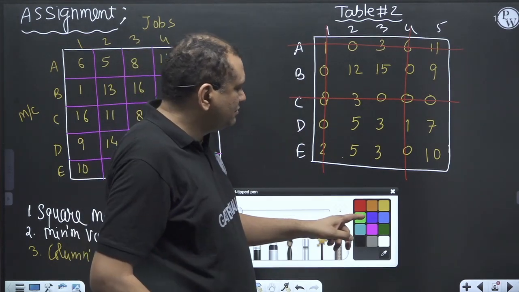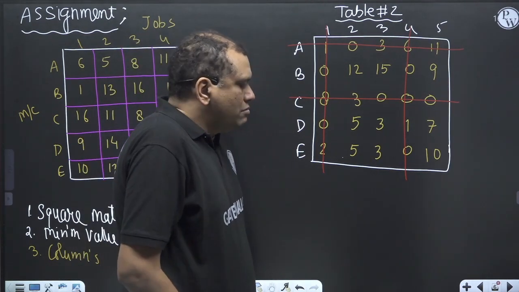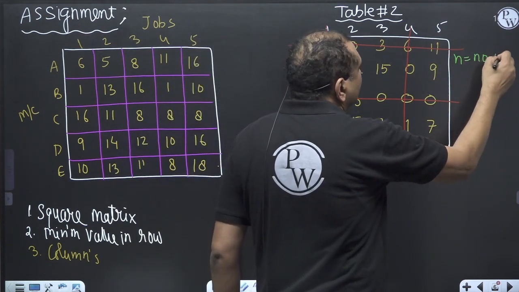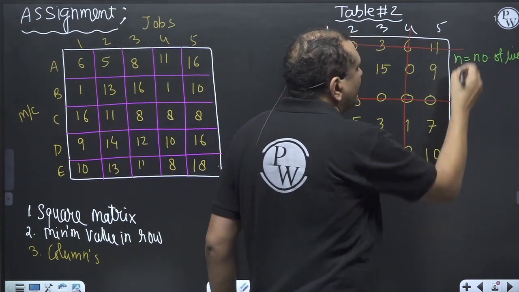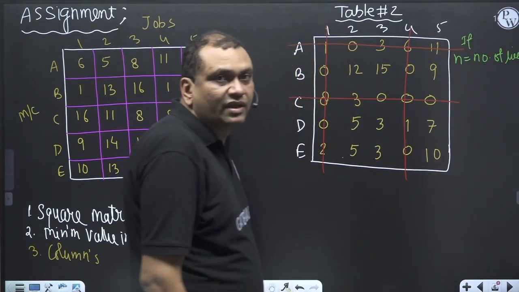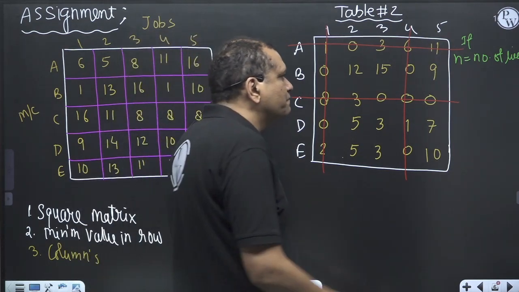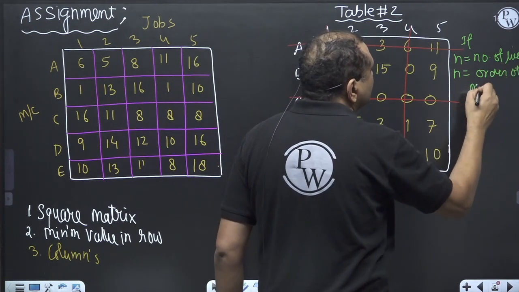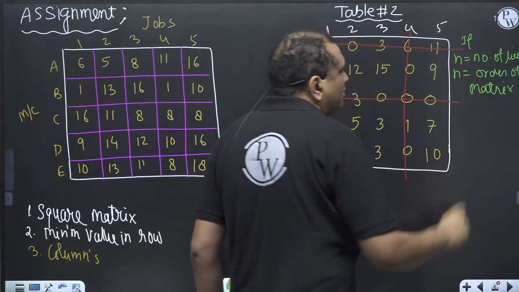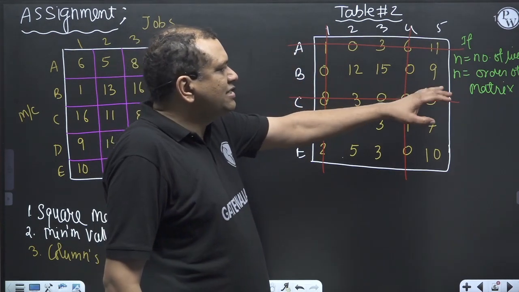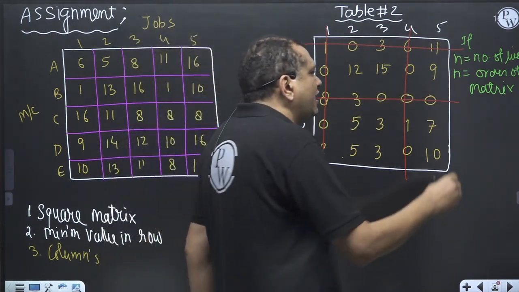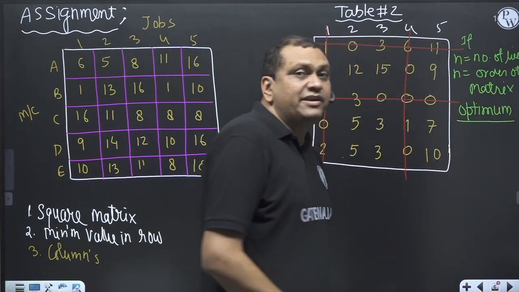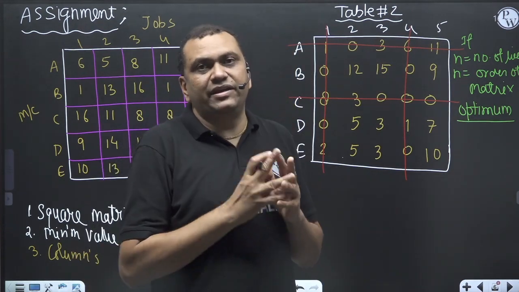Now, if the number of lines is equal to the order of the matrix, then it's an optimum matrix, and the decision can be taken.